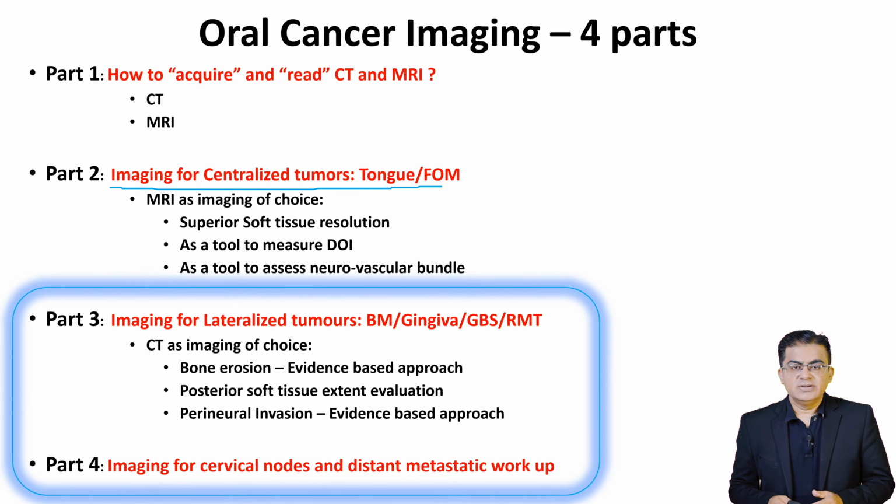Today, we are going to cover the 3rd and 4th part of this series: imaging for lateralized tumors such as tumors arising from buccal mucosa, upper and lower GB sulcus, gingiva, and retromolar trigone. We will also see how to deal with the neck in a clinically non-palpable node and zero neck. And finally, we will see what all imaging to be done for distant metastatic workup.